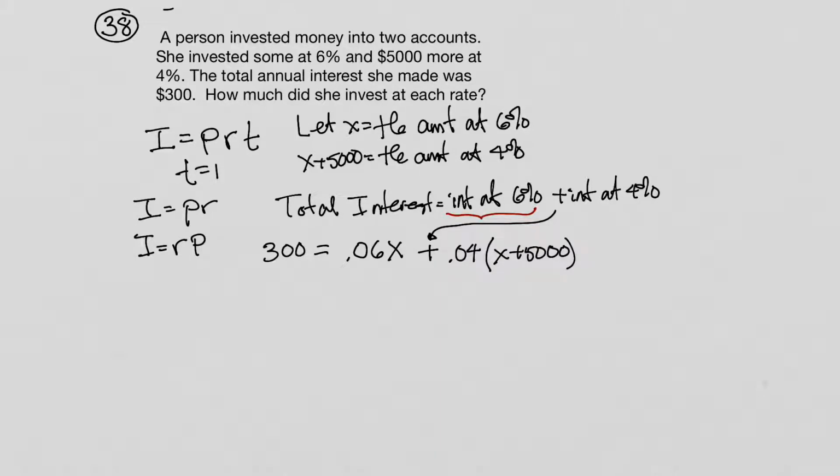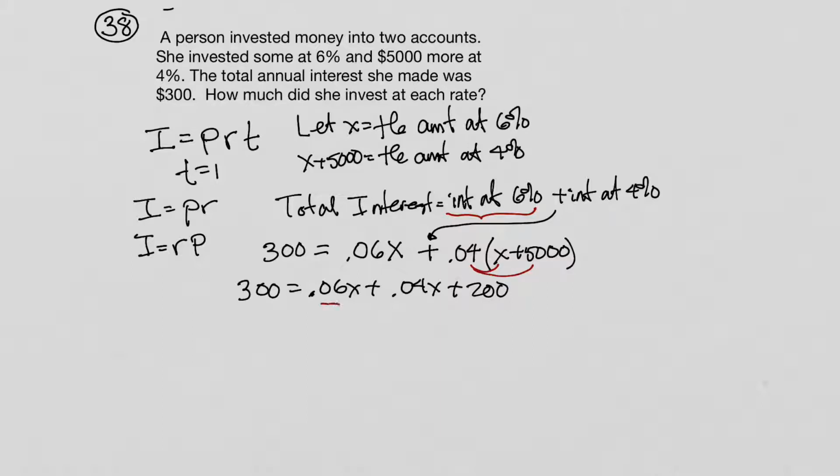Let's just see what we can do about solving it. So we're going to get 300 is equal to 0.06x plus, now let's distribute through here, right? We'll get 0.04x plus 0.04 times 5,000. And that turns out to be 200. Now on the right side over here, we can combine these two terms, right?